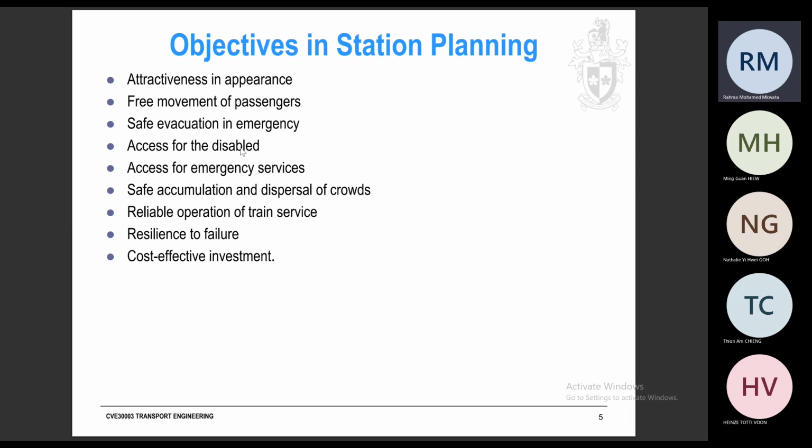So access for disabled, there should be access for disabled people, access for emergency services, safe accumulation and disposal of crowds, reliable operation of train service, resilience to failure, also cost-effective investment. So these are among some of the objectives in station planning.